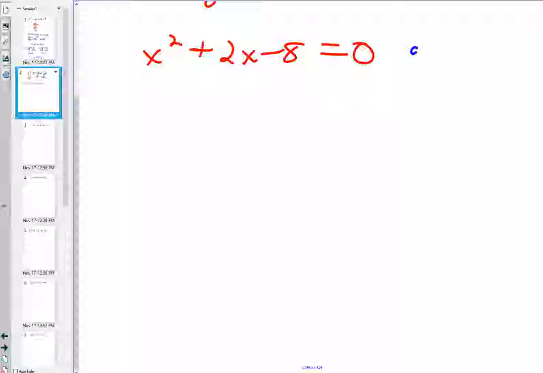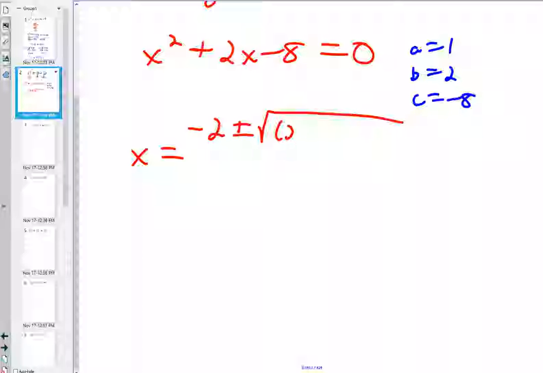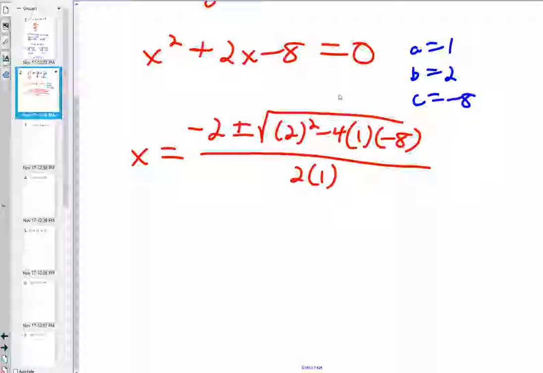So that a is 1, b is 2, and c is negative 8. Quadratic formula says that the variable you're looking for, if b is 2, what's negative b? Negative 2 plus or minus the square root of 2 squared minus 4, a is 1, c is negative 8, over 2.